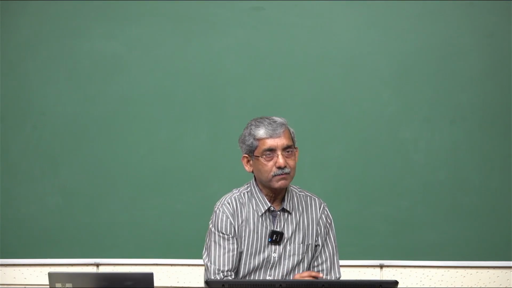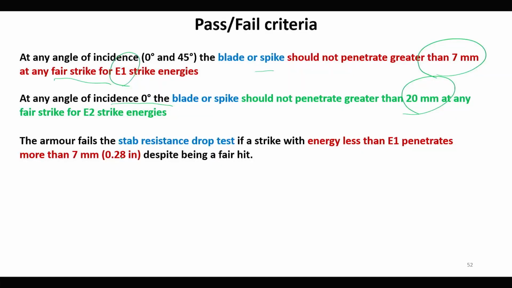The armor fails the stab resistant drop test if, when the strike energy is less than E1, penetration is more than 7 mm, despite it being a fair strike.